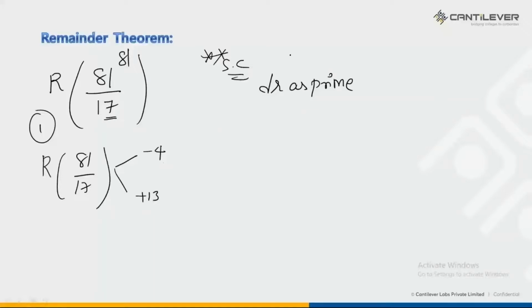This method holds good whenever the denominator is either a prime number or an odd number. Got it? But in a few cases it might fail if it is an odd number. I don't say 50% of the cases, but in 90% of the cases it is good for an odd number.